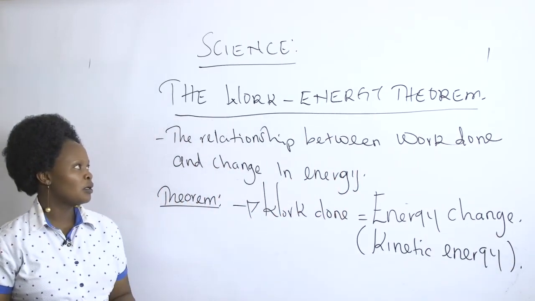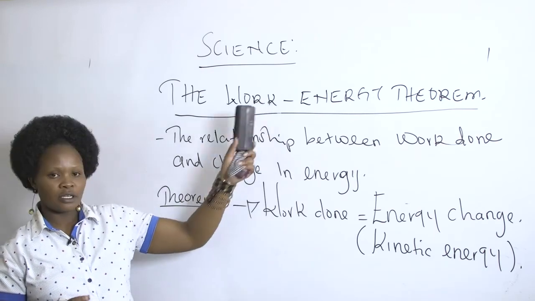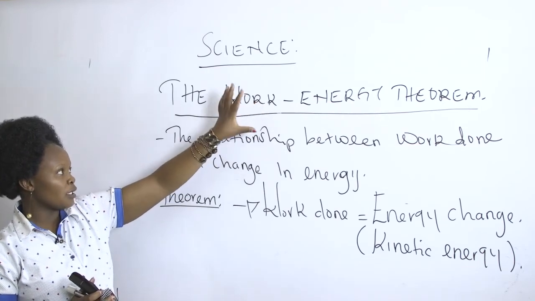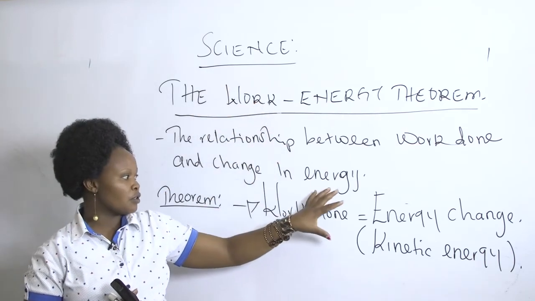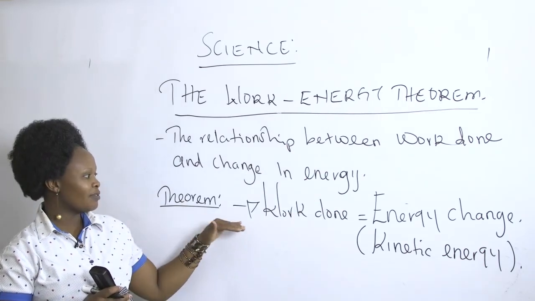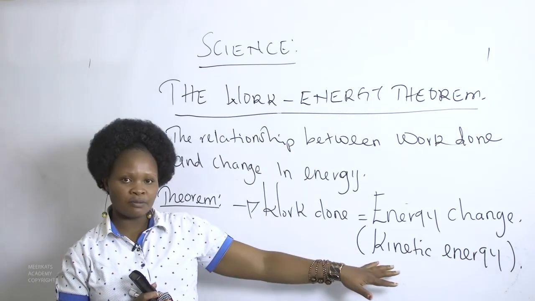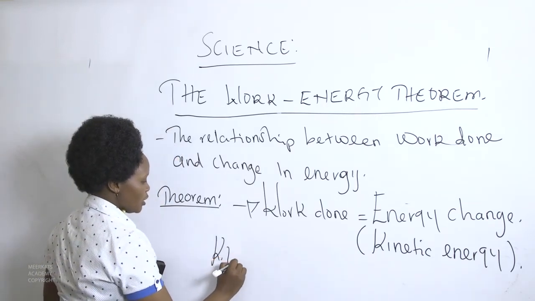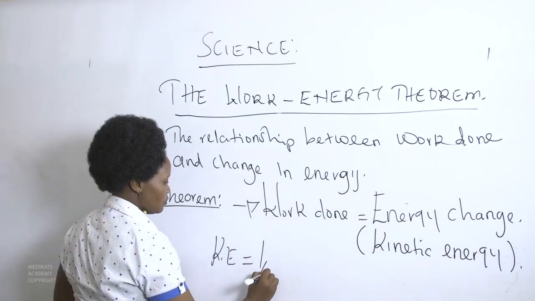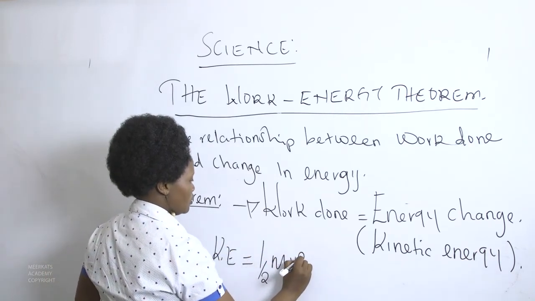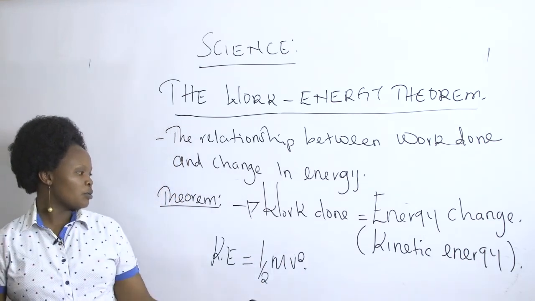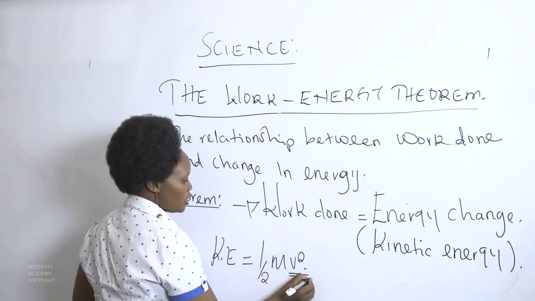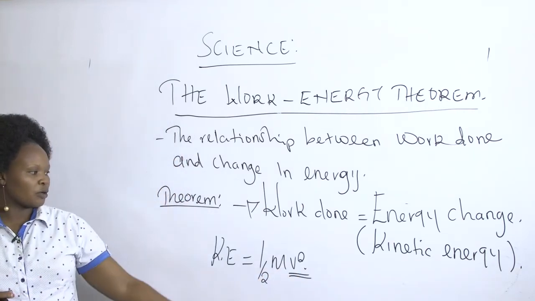Now, if you do some work, for us to be able to claim that work has been done scientifically, you have to apply a force to an object, and the force should result in some movement. From the kinetic energy formula, for us to be able to talk about motion, we have to take into consideration the velocity of that particular object.